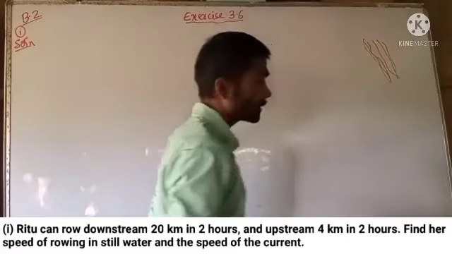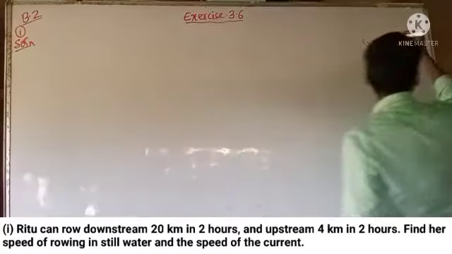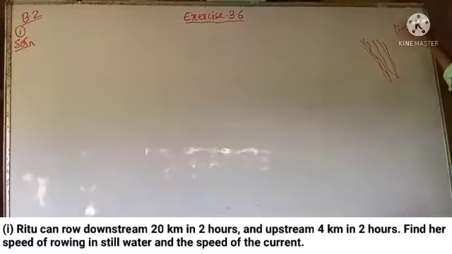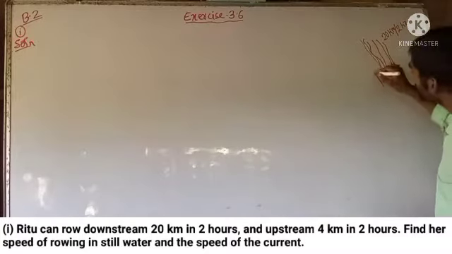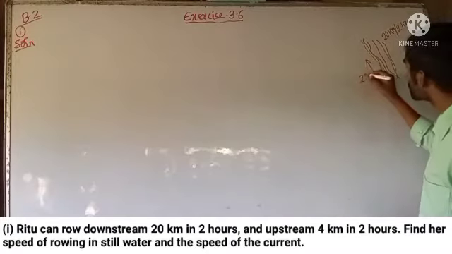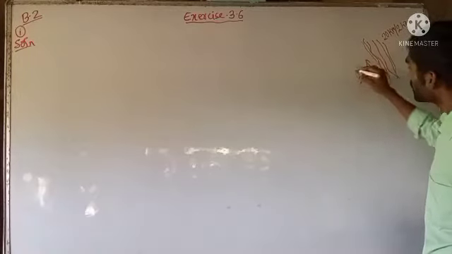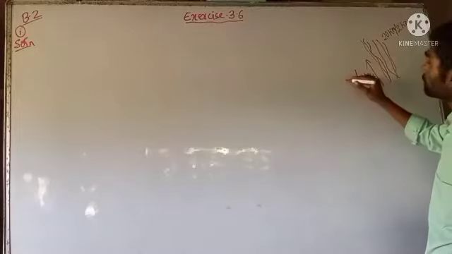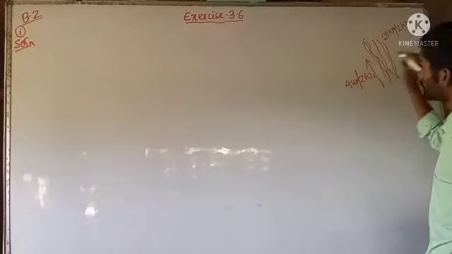When she is traveling downstream, it takes her 2 hours to cover 20 km, but when she is traveling upstream, it takes her 2 hours, but she can cover 4 km only.